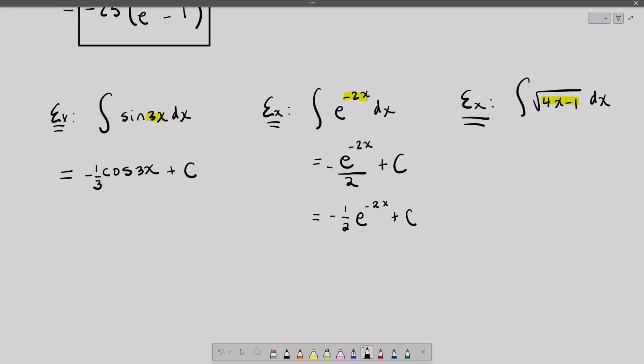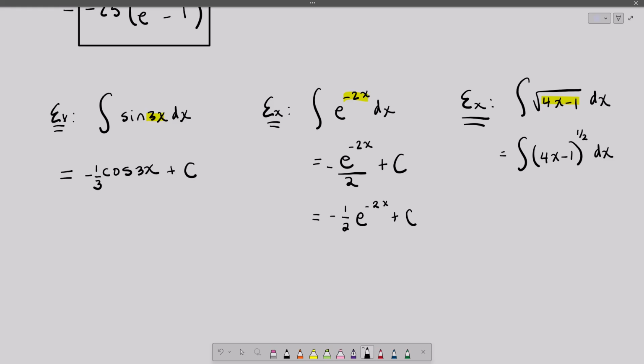Okay, over here, a little bit more complicated. For many, it's helpful to write this as a rational exponent problem first. The power rule is what we are going to use here. Anytime we have a power of x, we add 1 and divide by the new exponent.